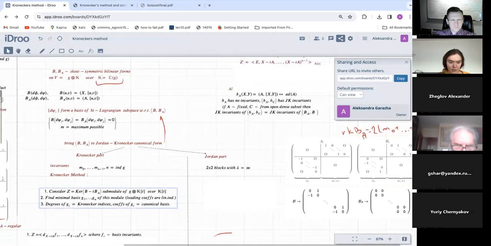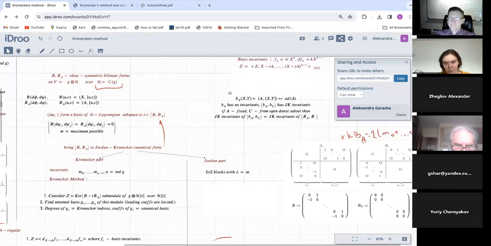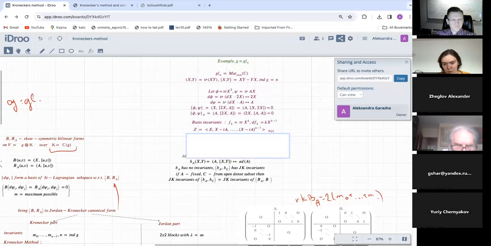The second step of the Kronecker method is to find a minimal basis of such a submodule. So we have this submodule, we already have some basis, and we have to check if it's minimal or not. Minimal means that leading coefficients are linearly independent. Which coefficients do we have here?